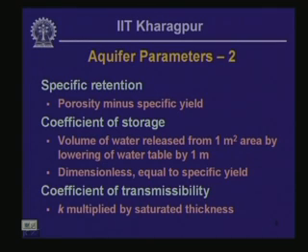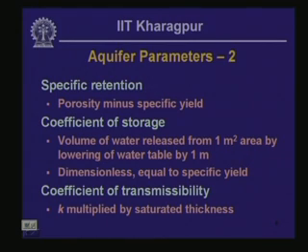Specific retention is basically the porosity of the solid matrix minus the specific yield. So, this is the water trapped or held tightly within the matrix that cannot flow from within the soil or rock mass by the action of gravity.